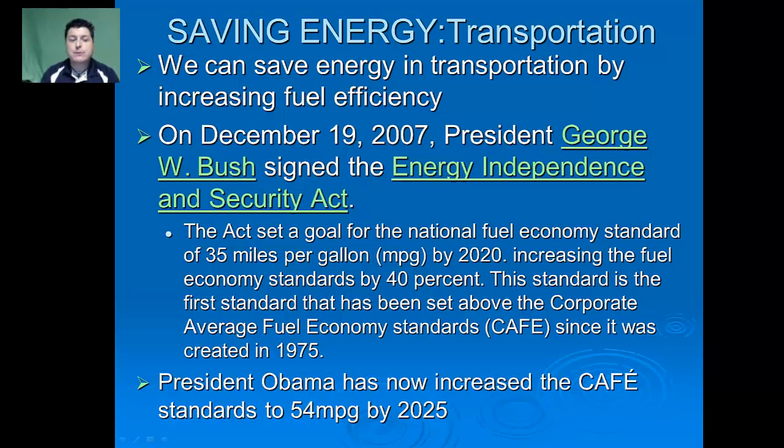And that was the first major fuel standard that had been set above the corporate average fuel economy standards, the CAFE standards, since that was created in 1975. And then with our recent president, President Obama, we now have increased those CAFE standards to be 54 miles per gallon by 2025.